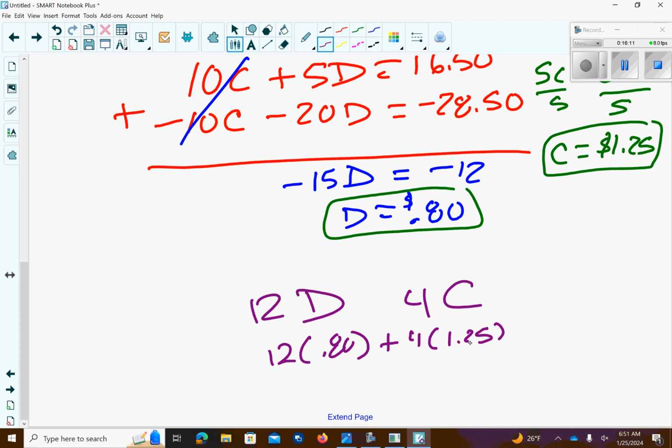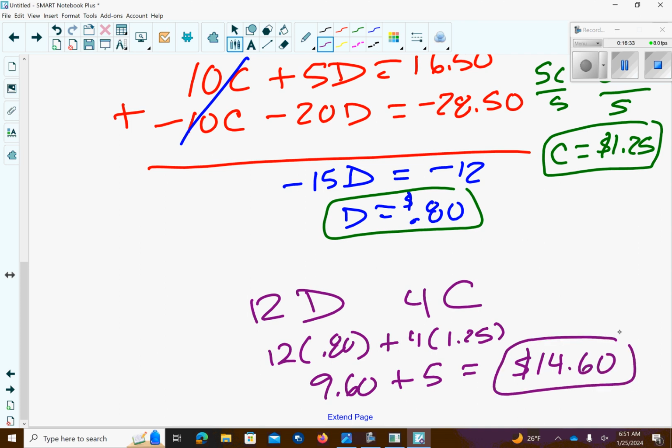And again, I'd use a calculator. So 12 times 0.8 is $9.60. And then 4 times $1.25 is $5. So if we add those together, it looks like he spent on the next day $14.60.